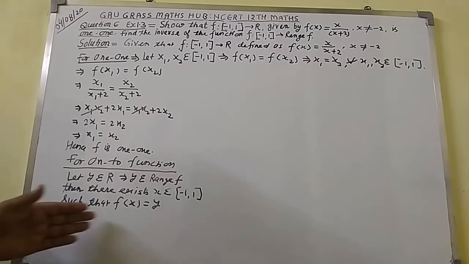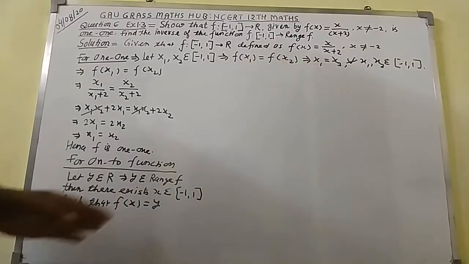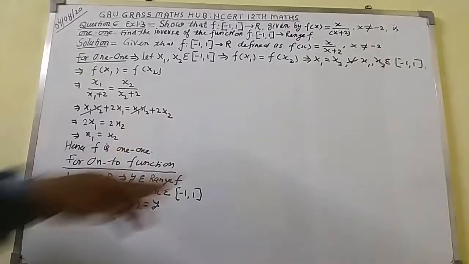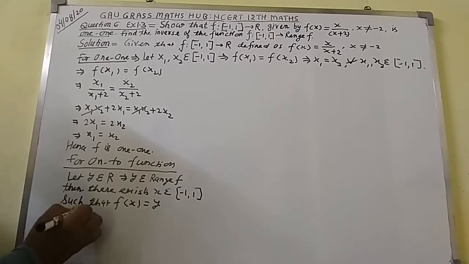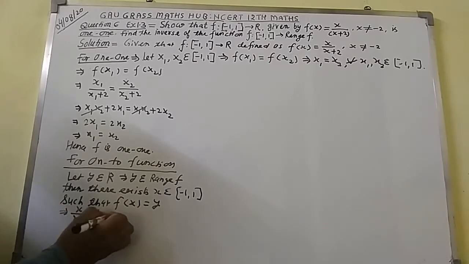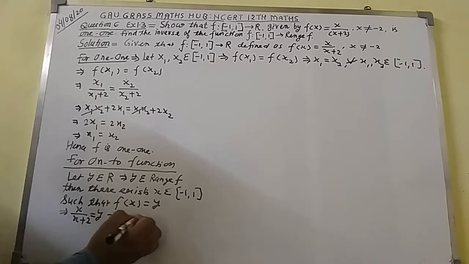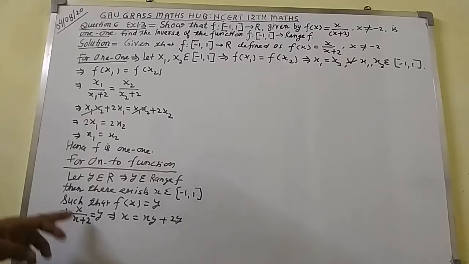So what to do here? I have got f(x) = y. Now you have f(x) = x/(x+2). Here I shall write x/(x+2) = y. Just cross multiply the things here. So you will get x = xy + 2y.